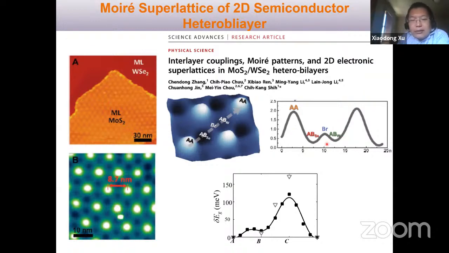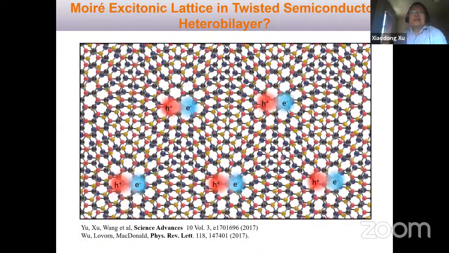And taking this opportunity, the question we'd like to ask is, given these Moiré superlattice potentials, can we trap electron-hole pairs in the system? Basically, as I show here, this is an excitonic lattice. By controlling the lattice constant, and by controlling the charge doping, we can form these excitonic lattices, but controlled by light.